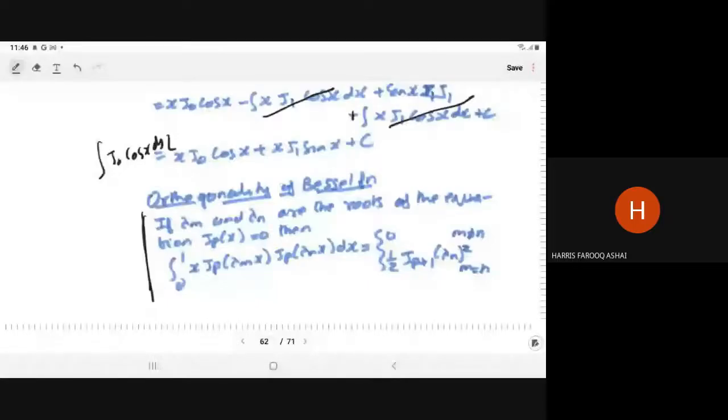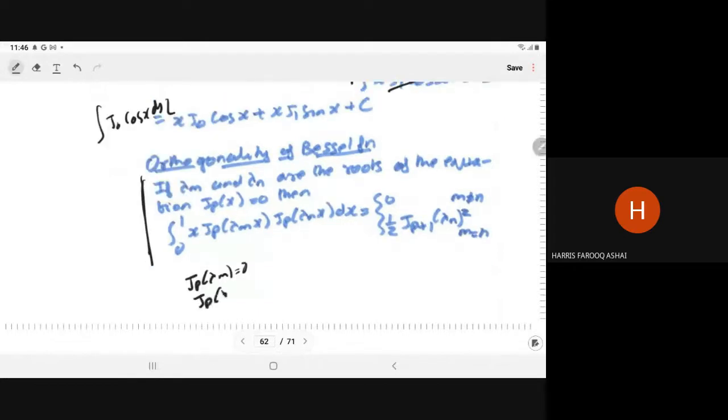If lambda m and lambda n are the roots of the equation Jp(x) = 0, meaning Jp(lambda m) = 0 and Jp(lambda n) = 0, then the integral from 0 to 1 of x Jp(lambda m x) Jp(lambda n x) dx is equal to 0 when m is not equal to n, and it is equal to 1/2 Jp+1 squared of lambda n when m is equal to n. That is the orthogonal property.